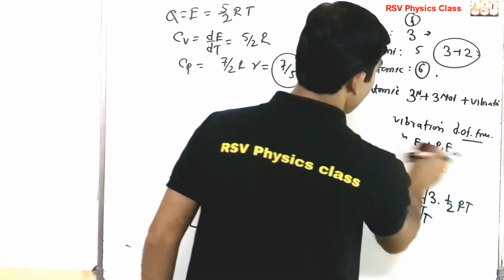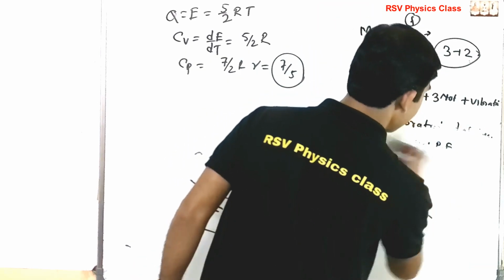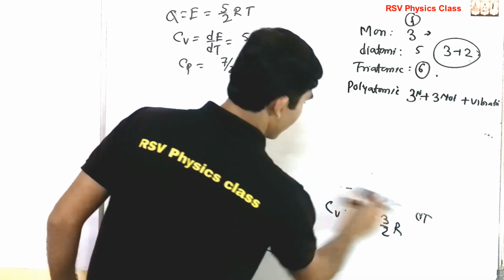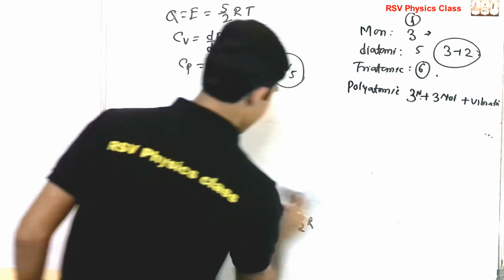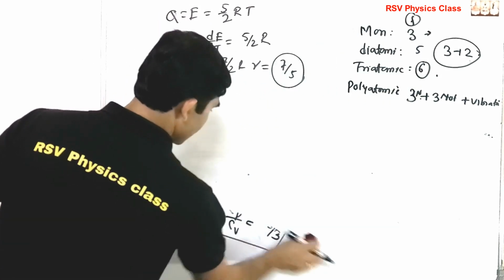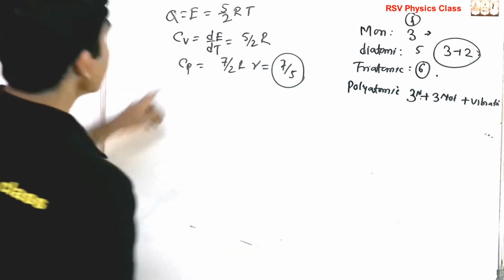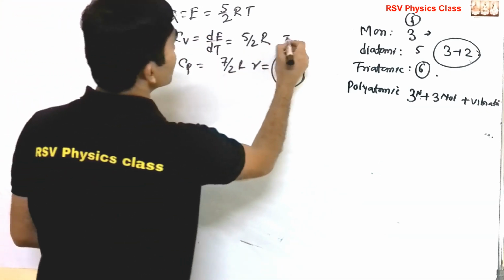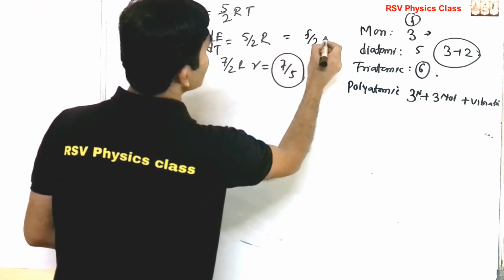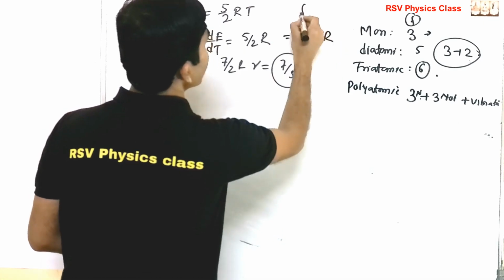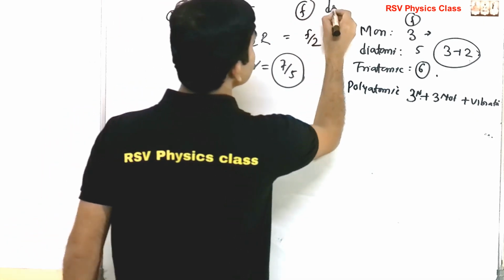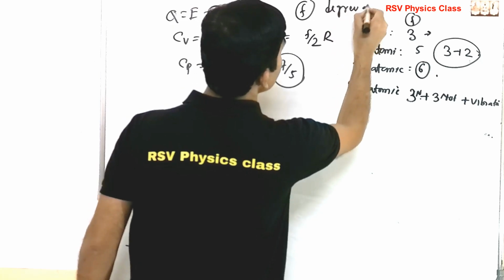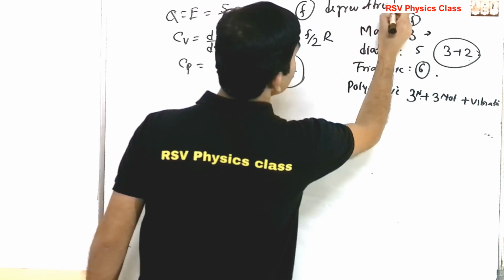So here you can obviously write a general equation. Cv equal to F by 2 R, where F is the degree of freedom.